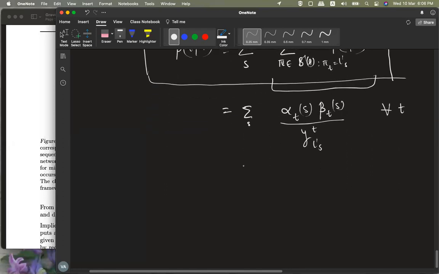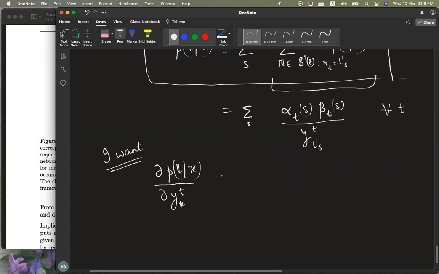Now let us differentiate. I want to know my derivative of P(l|x), where l is in general the label sequence, divided by dou y_k^t. I want this ultimately. Can we do it now?